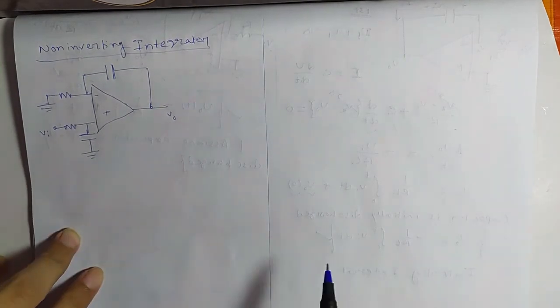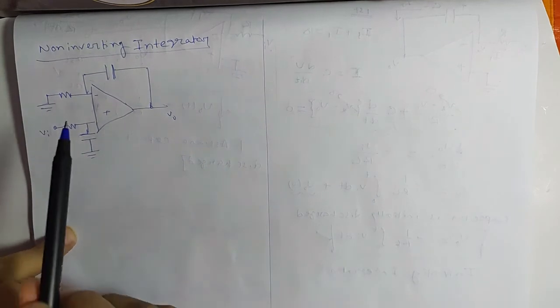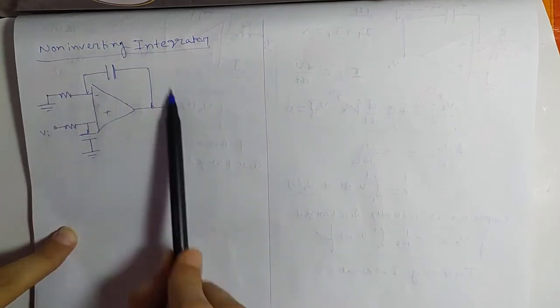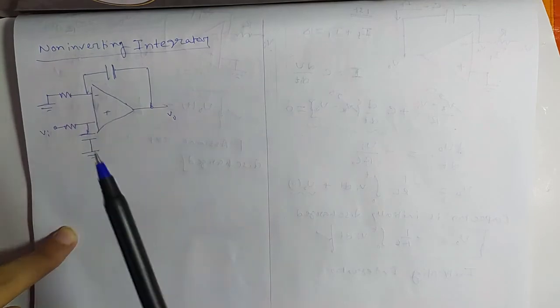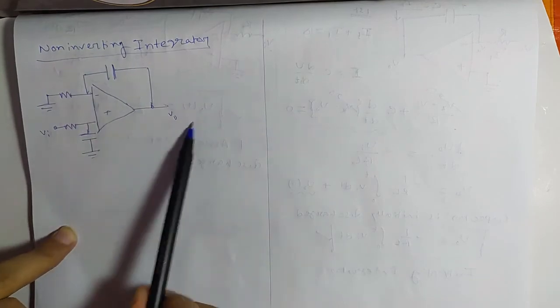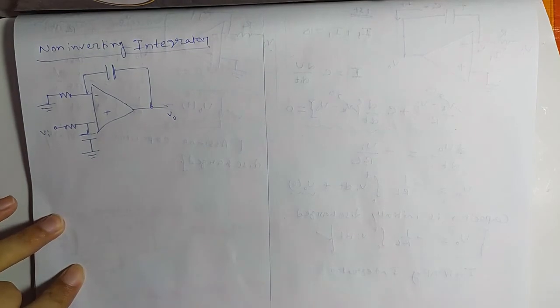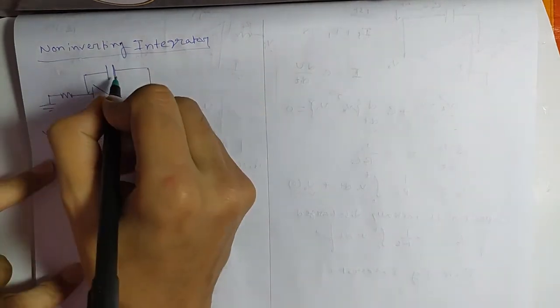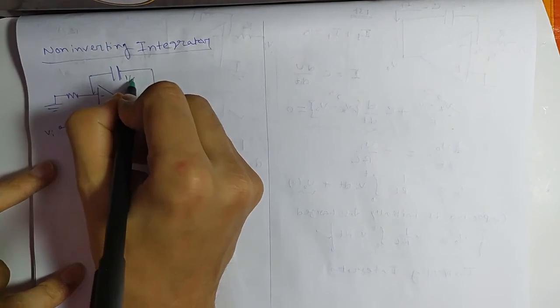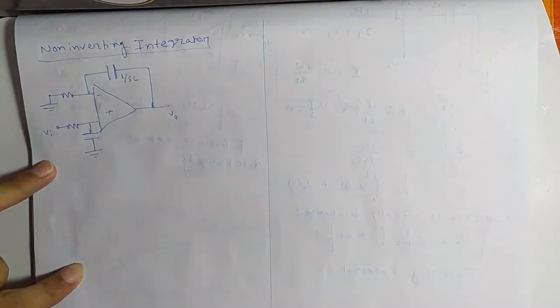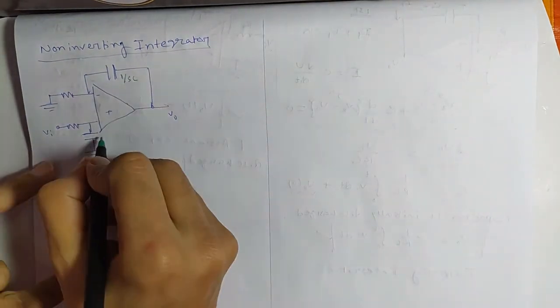This is the circuit for the non-inverting integrator. In this case, we'll analyze the circuit in the Laplace domain and find the output expression. So the Laplace domain capacitor will be 1 by SC here. This capacitor will be the same.